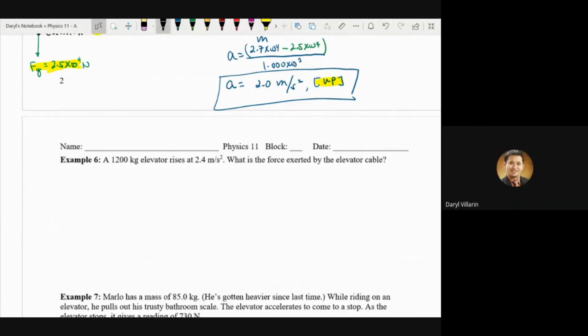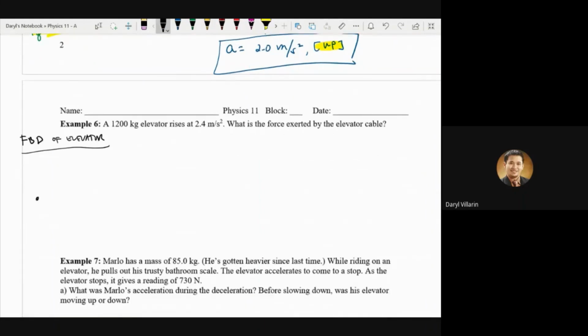Okay. So again, I'm gonna draw the free body diagram of the elevator. So I'm gonna identify what are the forces acting on the elevator. I have Fg. Remember, the weight of the elevator is given by mg.